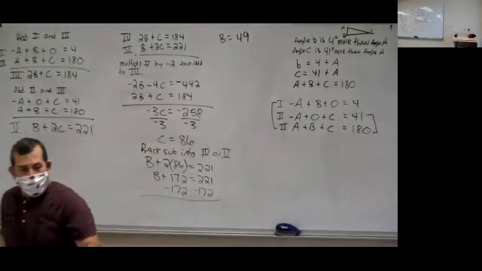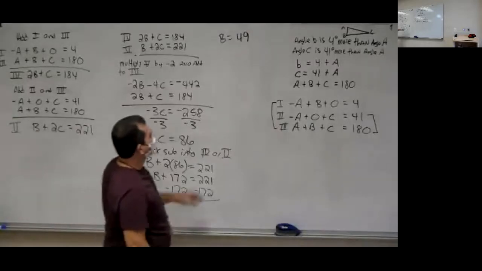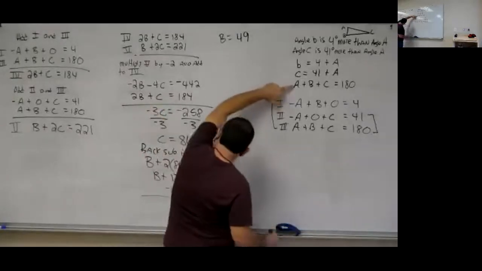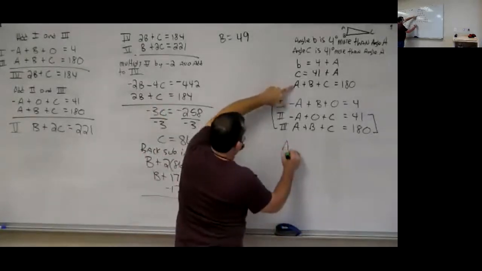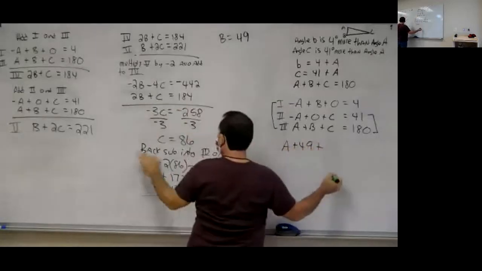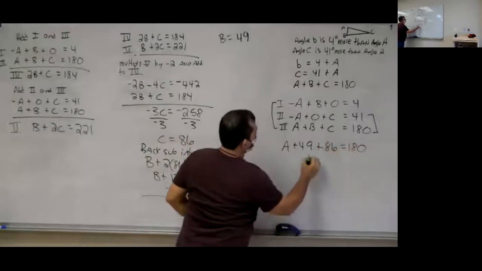All right, I've got 2 angles now. Angle C is 86, angle B is 49. I know the whole triangle is 180. So add those 2 together and subtract them from 180 and be done. I don't know A. I know B was 49, I know C, we said, was 86, and all those equal 180.